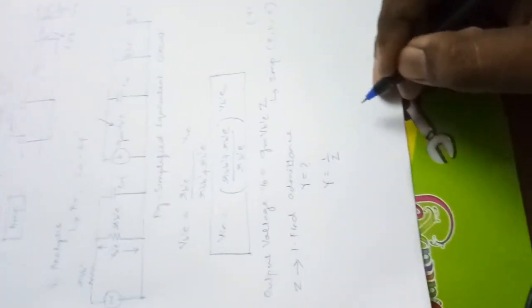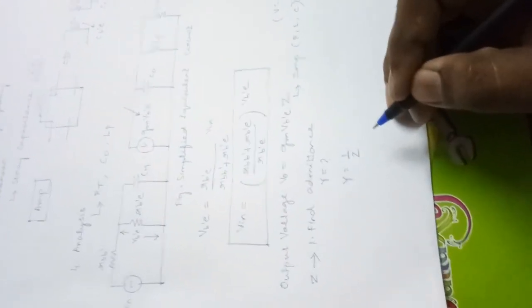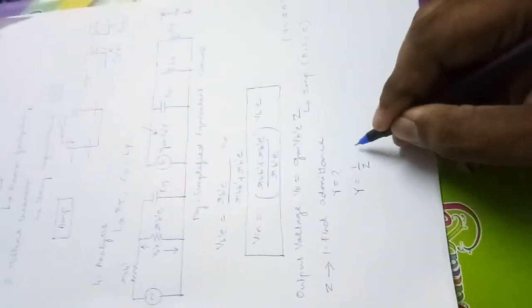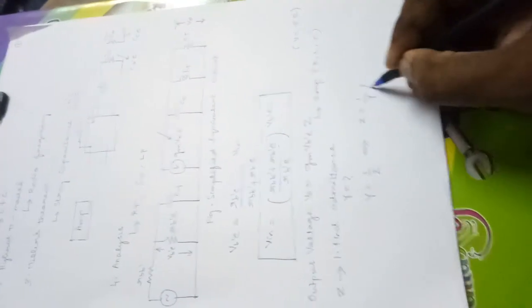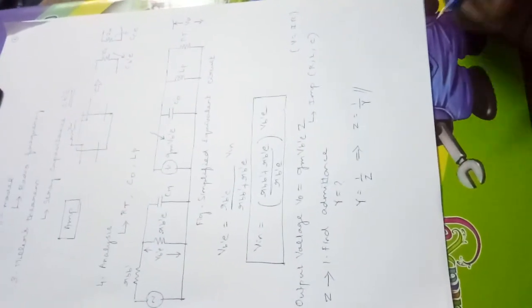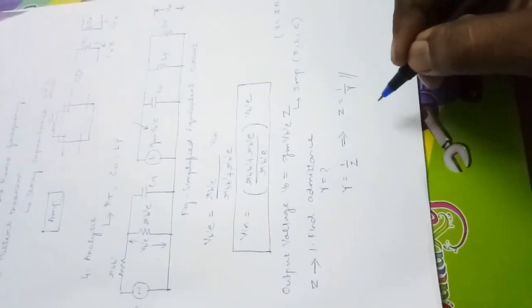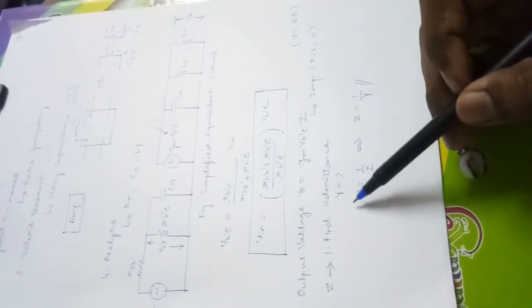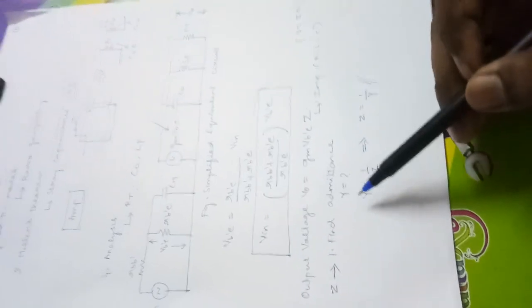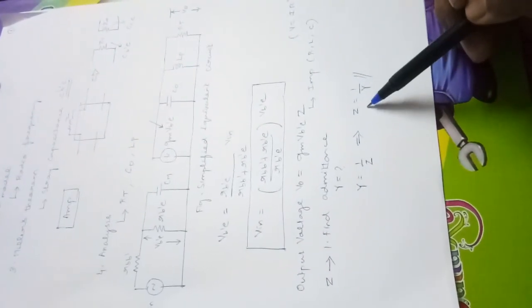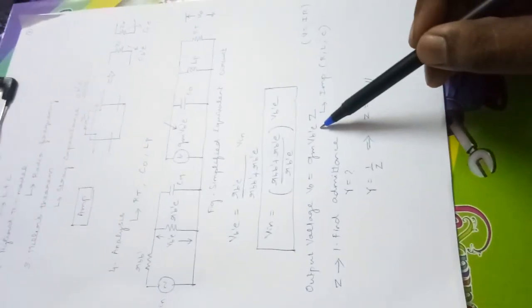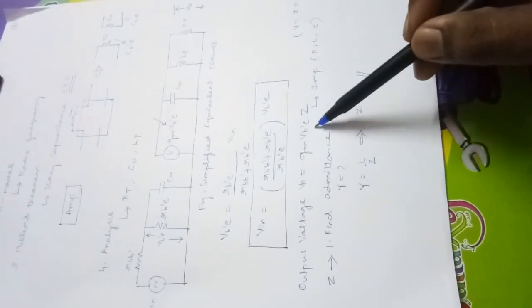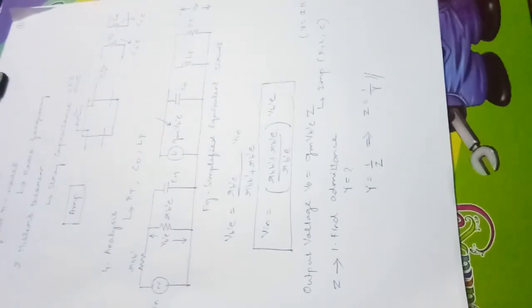The relation between admittance and impedance is Y equals 1 by Z. From this, if I need Z, Z will be equal to 1 by Y. So I first find the value of the admittance, and from this value I find the impedance value. Once I have the impedance value, I will be in a position to find the resultant output voltage V0 of a single tuned amplifier.